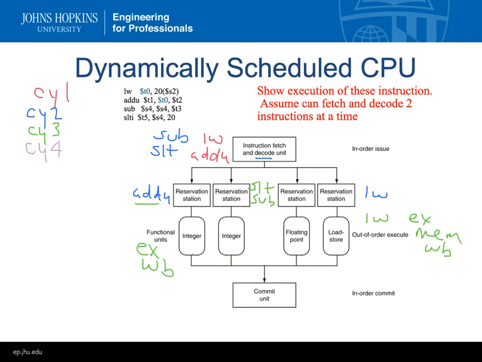So in cycle 4, we have load word is going to go to the mem. We're going to send the sub through. We'll do the execute. This one still has to wait. It has to wait for after mem.